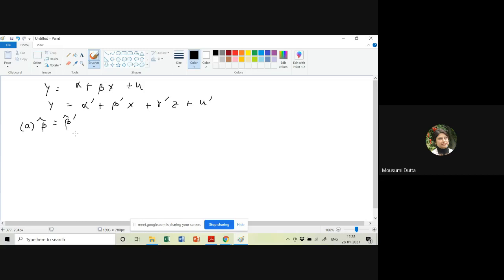Under what circumstances beta hat will be equal to beta hat prime? Your answer may be under no circumstance it will be possible. Either the answer will be under this situation it is possible, or your answer will be it is impossible. So what do you think?